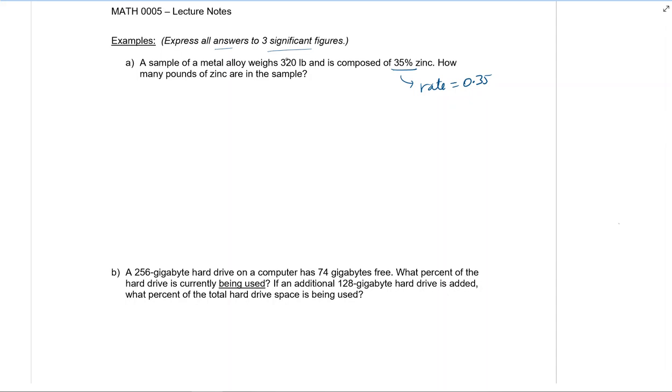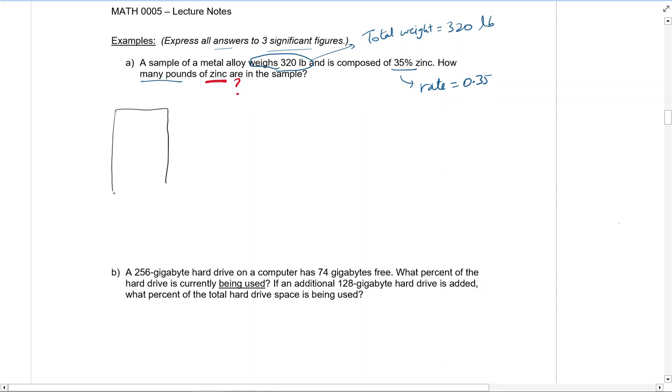and total alloy is 320 pounds. It means this is my total weight of the mixture of metals, and my goal is to find how much is the zinc, how many pounds is zinc. So that's what we're trying to find. So we're trying to find the amount. Or if that doesn't make sense, you can draw your diagram.